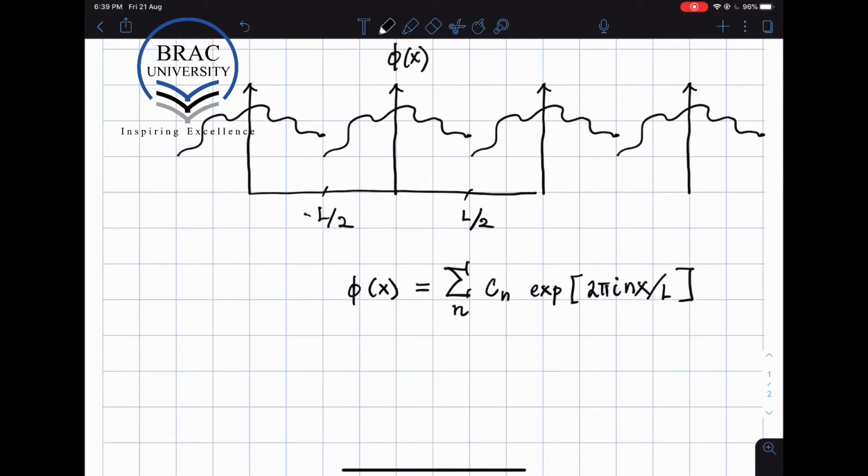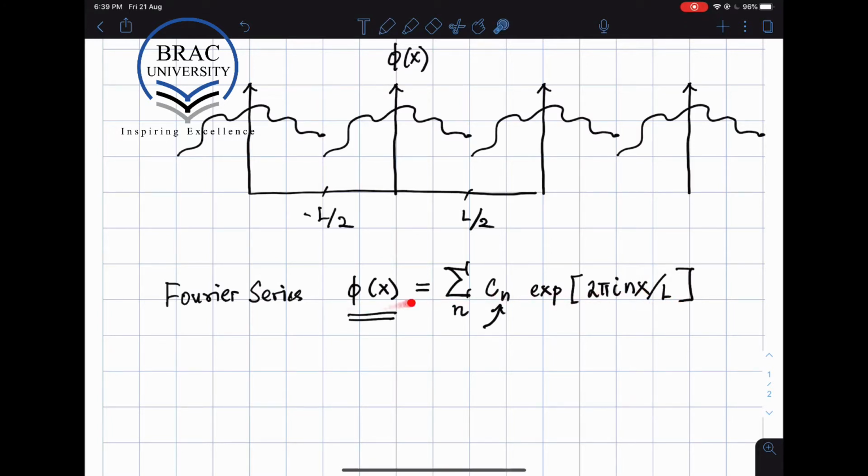So if I'm given this function and I want to find the Fourier series, so this is the Fourier series, then of course I would have to find what these coefficients are. In other words, I'd have to invert this expression.